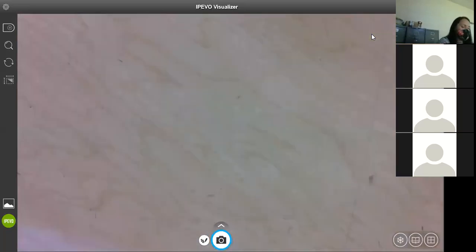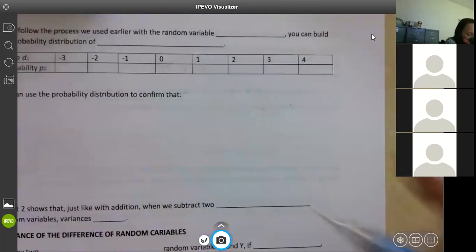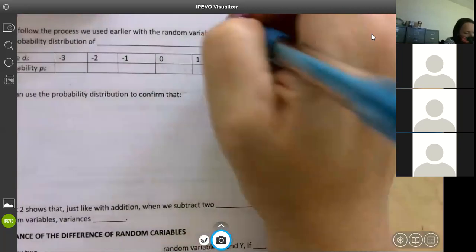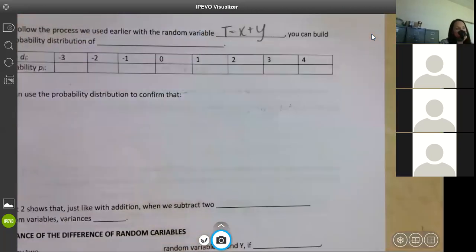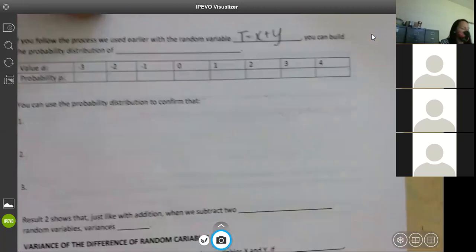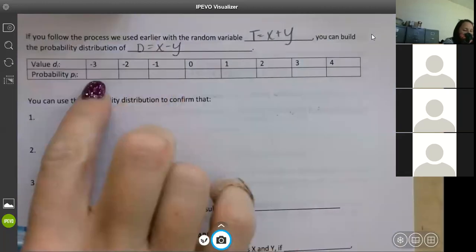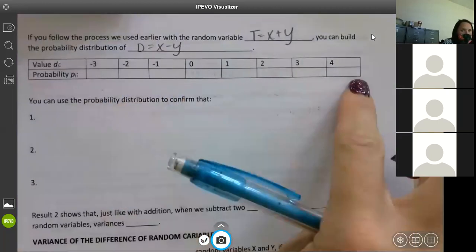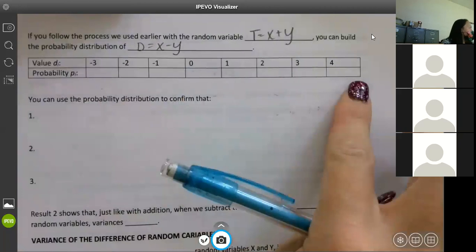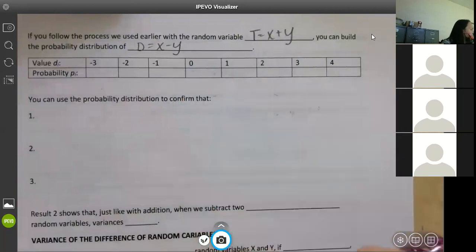If you follow the process that we did earlier from the random variable T equals X plus Y, where we were adding and multiplying, you can build the probability distribution of D equals X minus Y. So what this first sentence is saying is I already showed you how to fill in this bottom chart. You can do that by hand if you want to, but I'm going to go ahead and give it to you, okay?